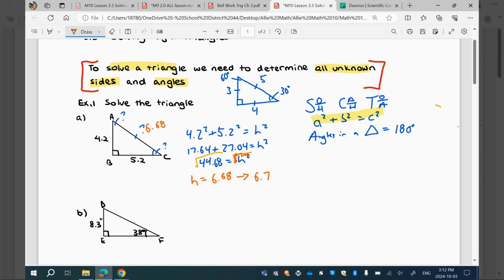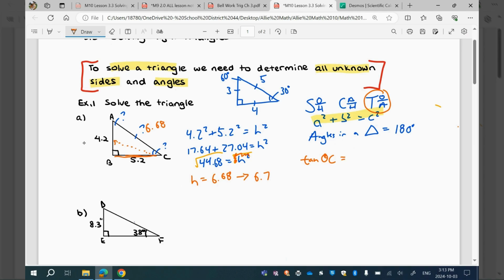And now we need to find the angles. So let's find angle C right here. We have what's opposite angle C, and we have the side that's adjacent to angle C. So I would use this info right here, that the tan of angle C, or tan C, I don't need to use theta.